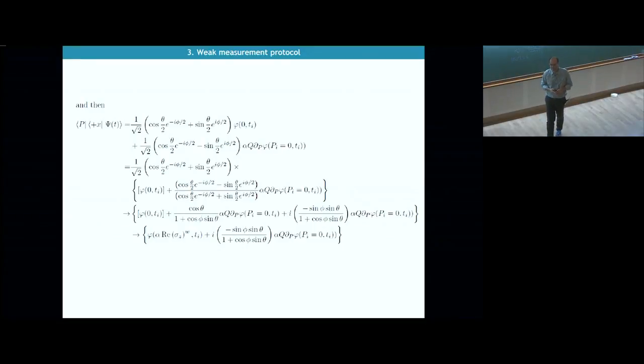So the idea was to generalize the concept of eigenvalue to this situation in which you try to say something about the value of that observable, but without making a projective measurement. I will talk about this a little bit later, but the eigenvalue is associated to an eigenstate, which means, as we saw earlier, that there is a huge perturbation in the original state of the system. Here, the weak measurement doesn't change the state of the system.